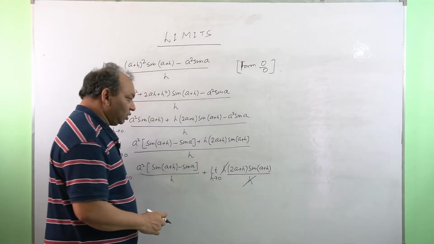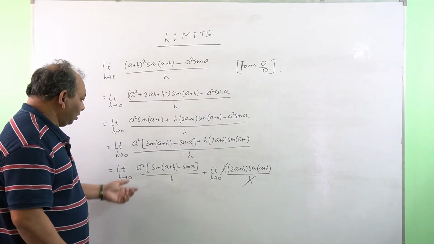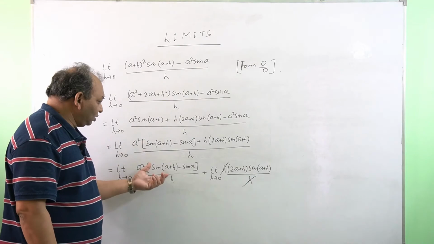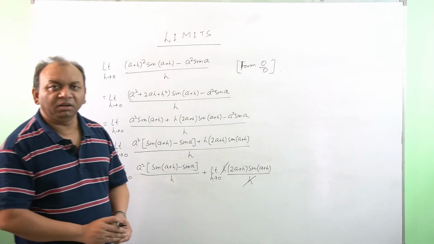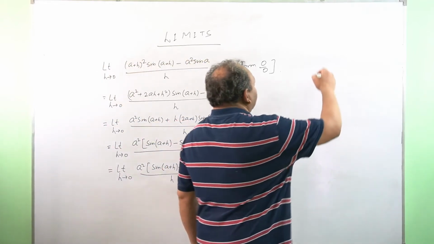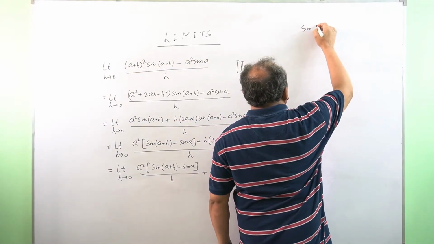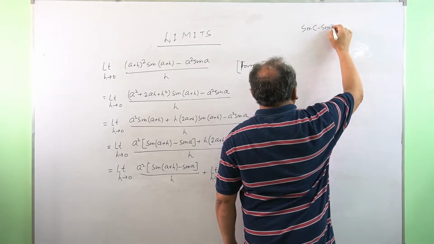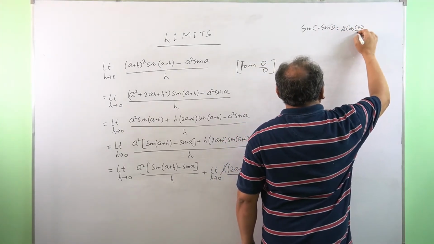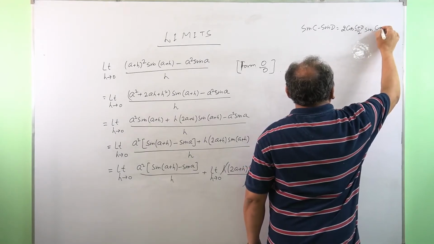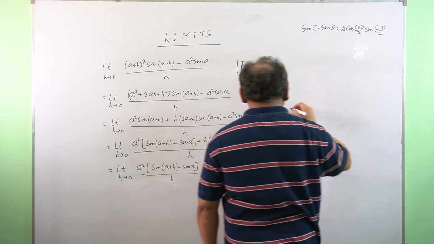h cancels out in the second limit, and we can use here the formula sin C minus sin D, which is equal to 2 cos((C + D)/2) into sin((C − D)/2).